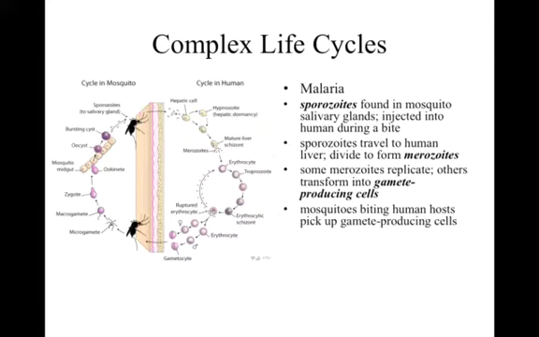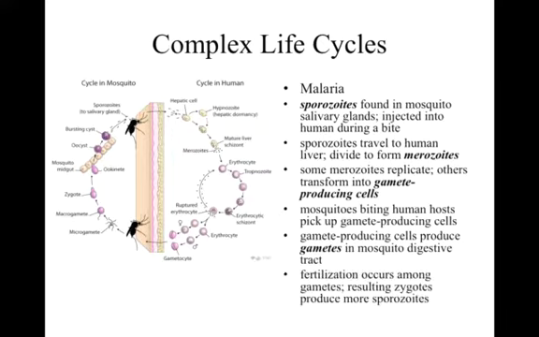And these male and female gametocytes, these gametes, get taken up by the mosquito during a blood meal. When mosquitoes take in male and female gametes, they can fertilize one another, and that produces zygotes. So the zygotes form in the mosquitoes, and then the zygotes turn into sporozoites, and that completes the entire cycle.